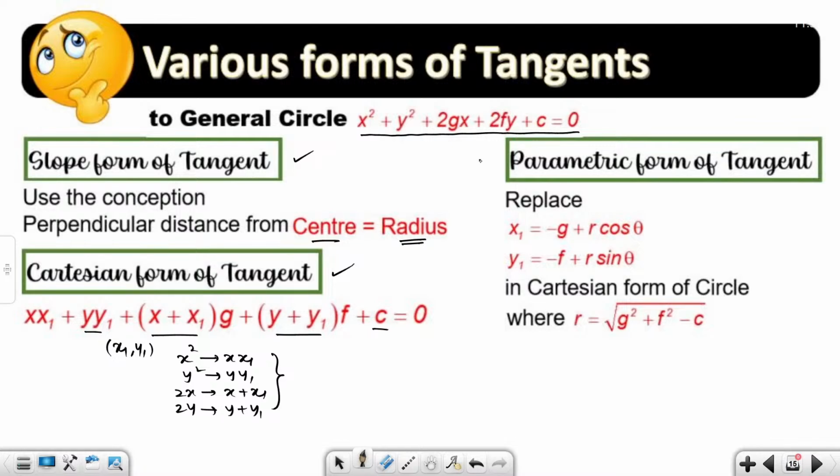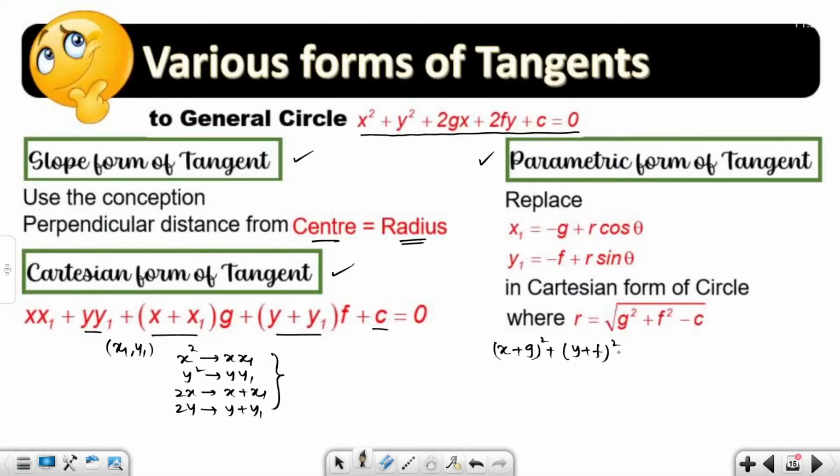Now, the last part is what is called your parametric form of the tangent. We know the parametric form of the standard form of a circle, as well as we know the parametric form of the general equation of a circle. Can you remember that? It's x plus g whole square. I can convert this general form of the equation in this way.